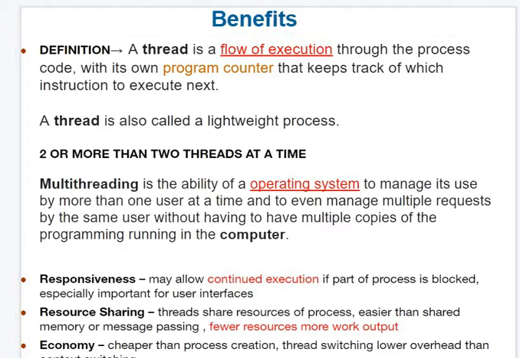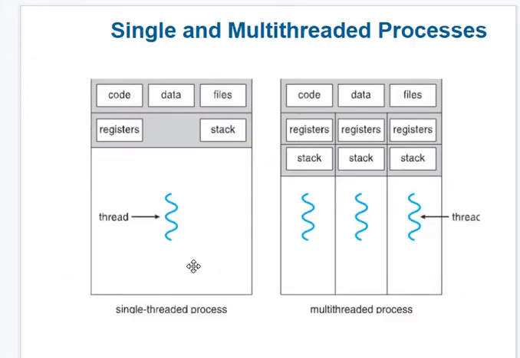Now I will show you one diagram in advance, so you will come to know what is a single thread and what is a multi-thread. This diagram is also important from the exam point of view, and also with respect to the concepts. See, the left box is a single threaded process and the right is a multiple threaded process. If there are multiple threads at a time, it is called a multi-threaded process.